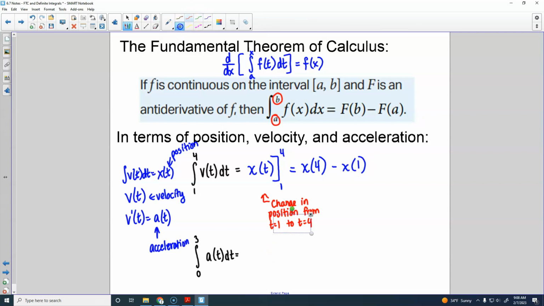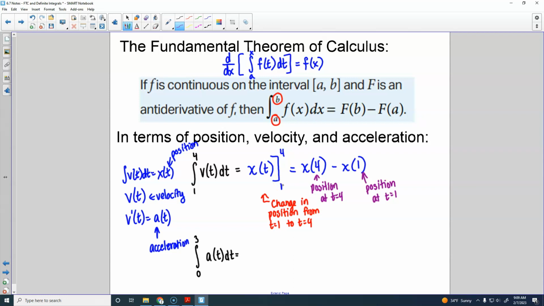That means you would just take position at t equals 4 and subtract position at t equals 1. You always want it in this order, the top minus the bottom, whenever you're integrating. And so that would give you your total position.